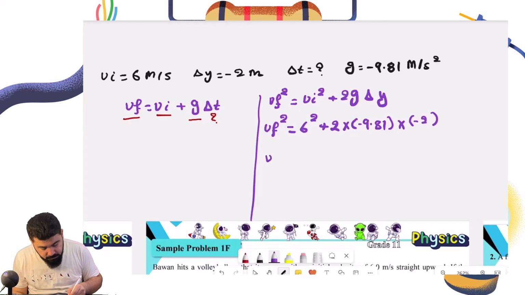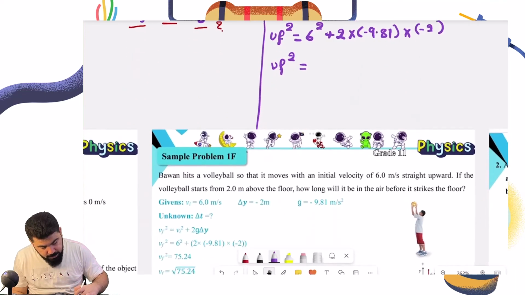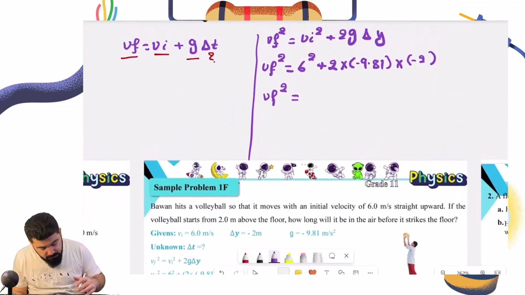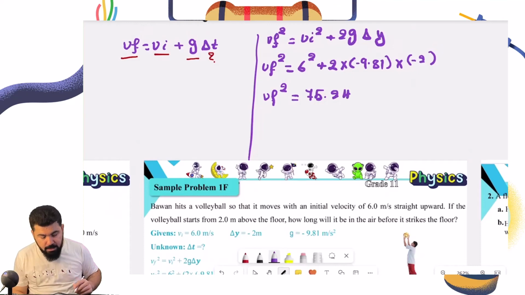So V final squared is equal to 75.24. Now take the square root of this.